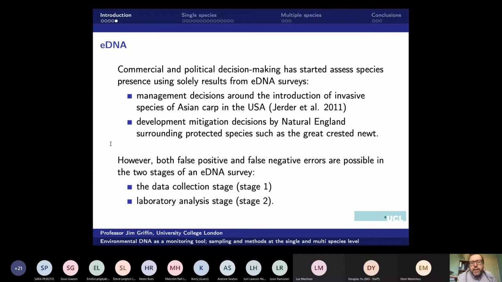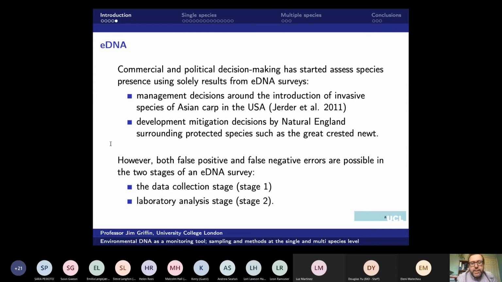Unlike in a lot of situations, for example in occupancy type models, in eDNA we have the possibility of both false positive and false negative errors. In the usual occupancy models, people would assume only false negative errors. But here, people would like to assume both types of error. And in a way, there are at least two ways that errors can arise.